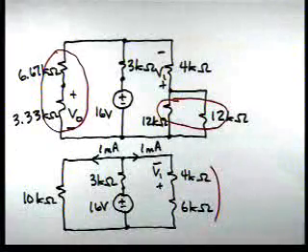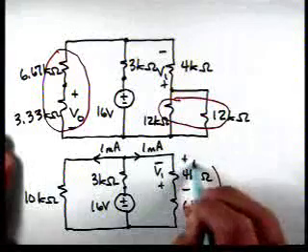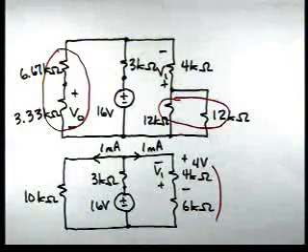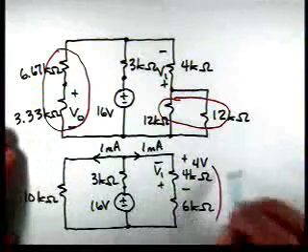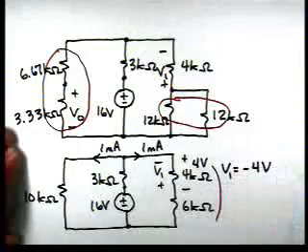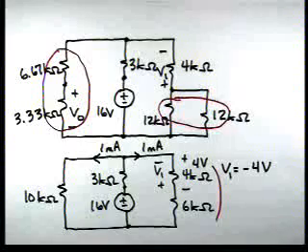Now if we notice from Ohm's law, the voltage across this resistor is going to be 4 volts, with that polarity. Since V1 is the opposite polarity, V1 is minus 4 volts.